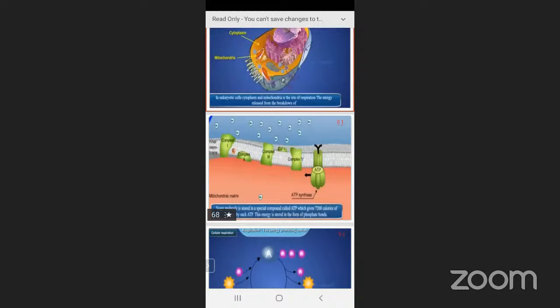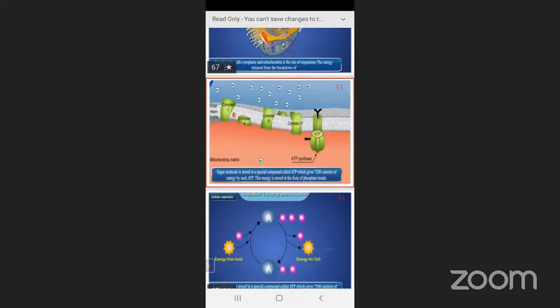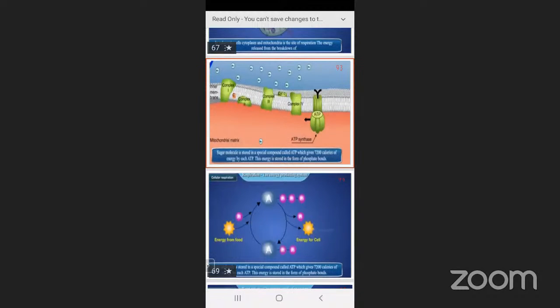How can energy be released? The energy released with the breakdown of a sugar molecule is stored in a special compound called ATP, adenosine triphosphate, which gives 7,200 calories of energy by each ATP.